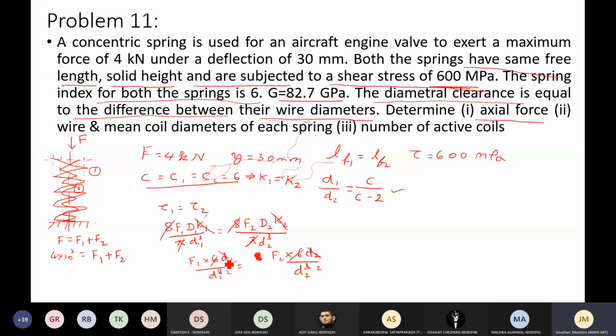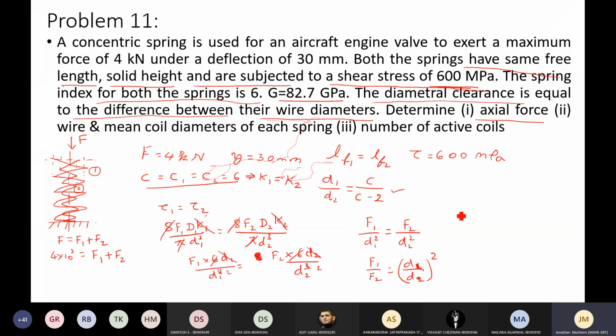So what you are left with is F1 by D1 squared must be equal to F2 by D2 squared. Now I can write F1 by F2 must be equal to, sorry, D1 by D2, whole square. Correct?